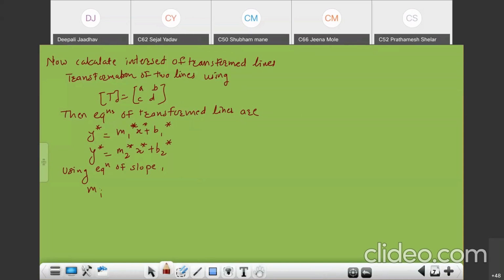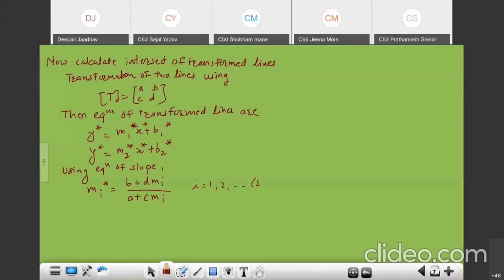mi star means the slope of any line. Now there are two lines, m1 and m2, so I write here the general equation: mi star, the slope after transforming, is (b plus d mi) divided by (a plus c mi), where i is the number of lines, 1, 2, whatever the number of lines.